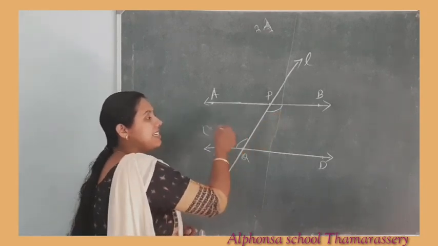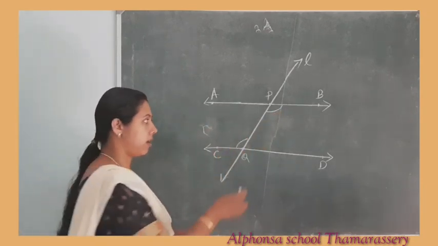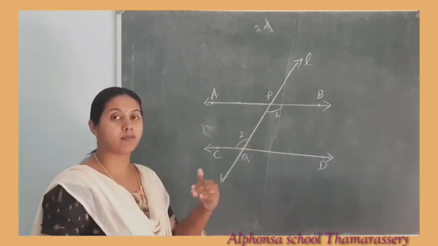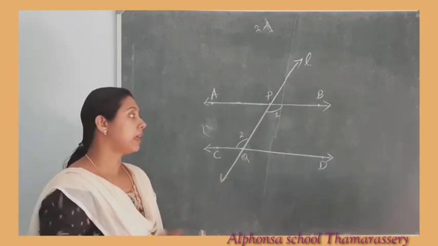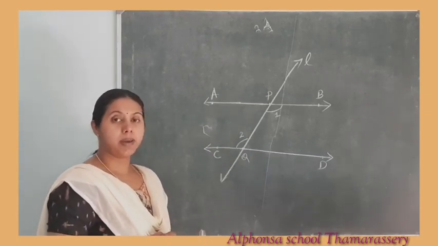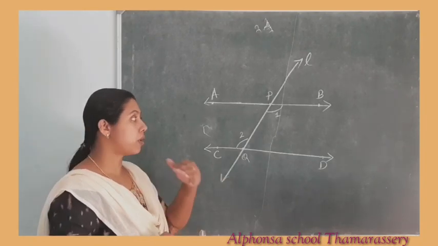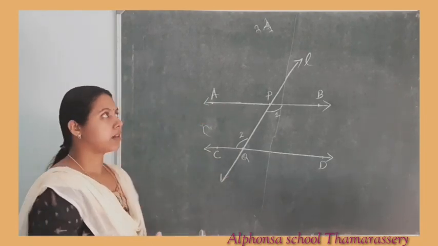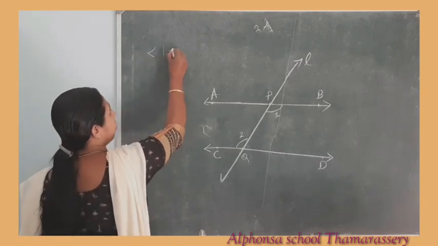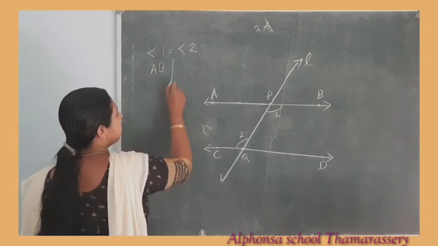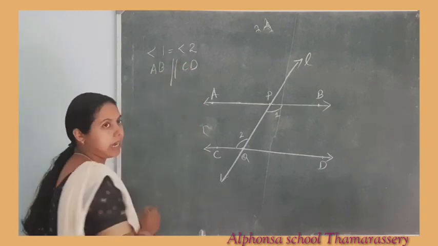You can name them angle 1 and angle 2. Angle 1 and angle 2 are equal. Then the two lines will be parallel. We want to prove that AB is parallel to CD. Here the given is angle 1 is equal to angle 2.